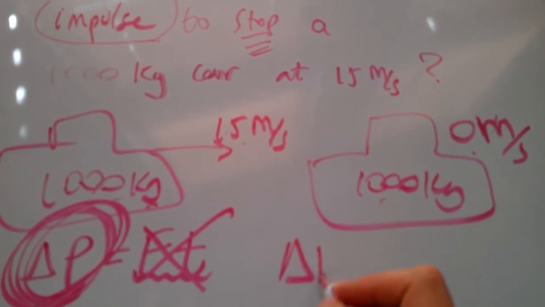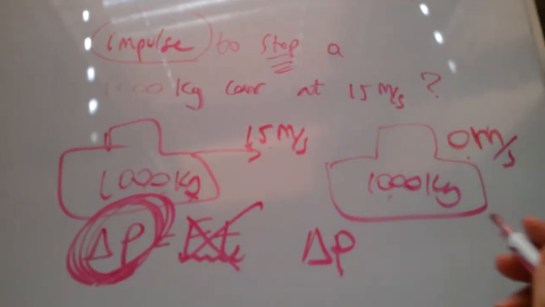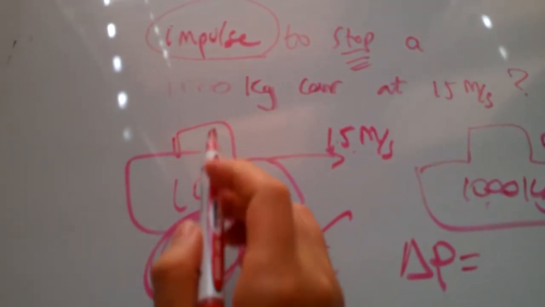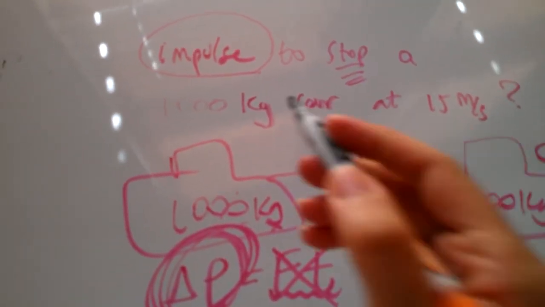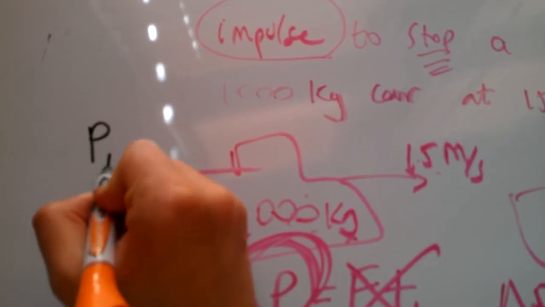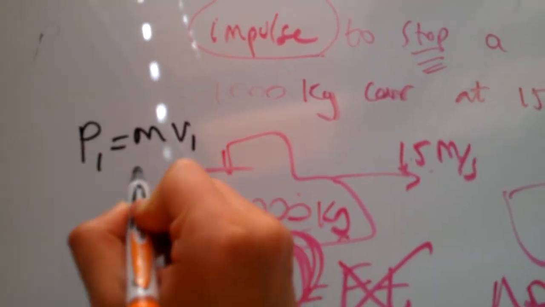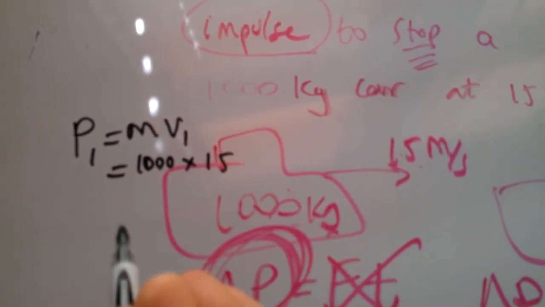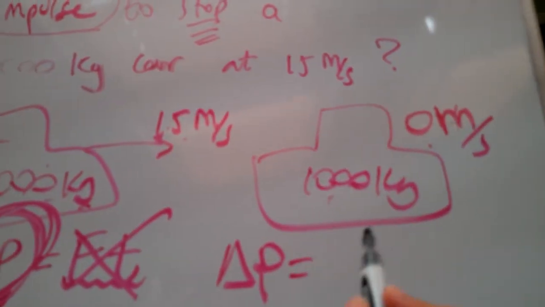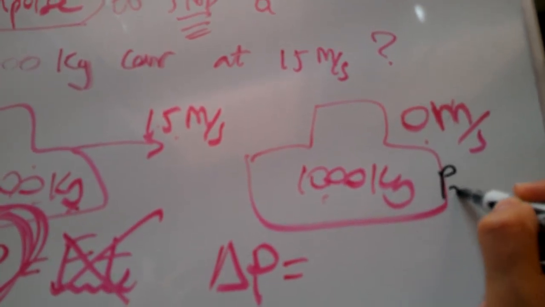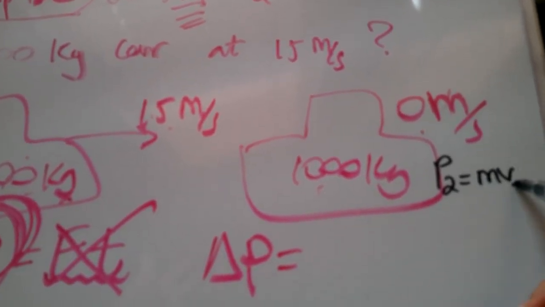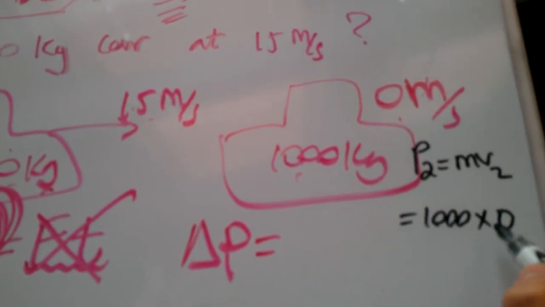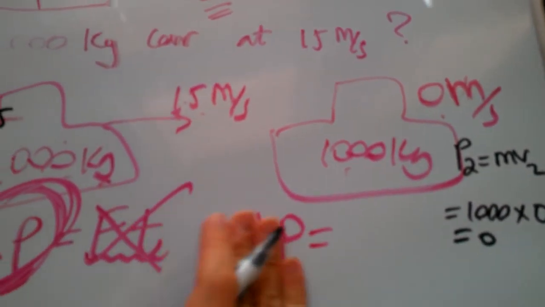So I calculate impulse through delta P, which is change in momentum. What is my first momentum? Let's write it out. The initial momentum was mv1, so 1,000 times 15. And then the second momentum would be mv2, which is m times 0, so that is 0 itself.